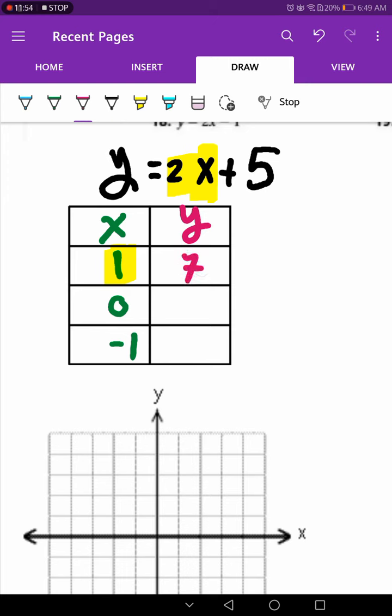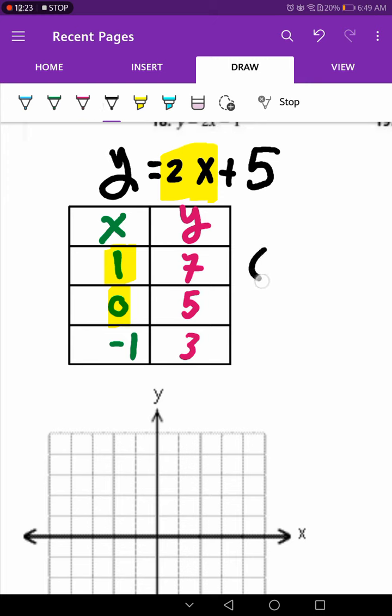And if x equals 0, multiplied by 2 equals 0, plus 5, the y will be 5. And if x equal negative 1, multiply by 2, negative 2, don't tell anyone, plus 5 equal 3. Beautiful. So now I created 3 ordered pairs.